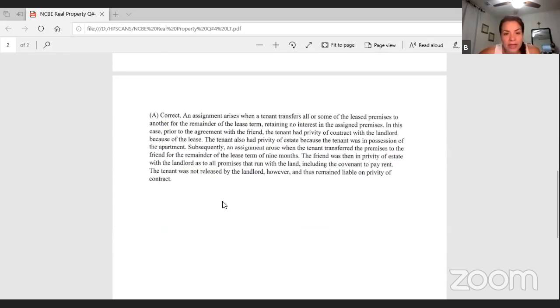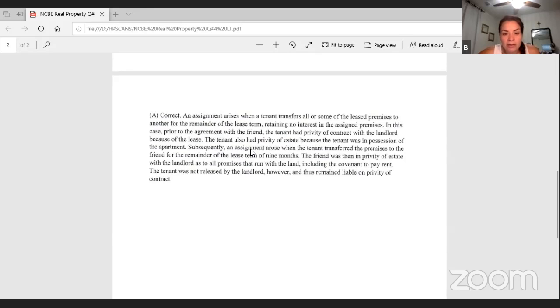A, correct. An assignment arises when a tenant transfers all or some of the lease premises to another for the remainder of the lease term, retaining no interest in the assigned premises. In this case, prior to the agreement with the friend, the tenant had privity of contract with the landlord because of the lease. The tenant also had privity of estate because the tenant was in possession of the apartment.